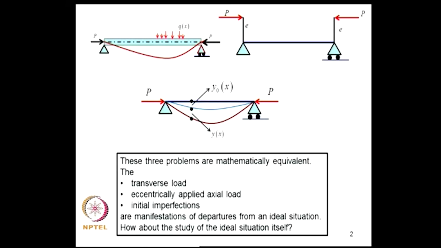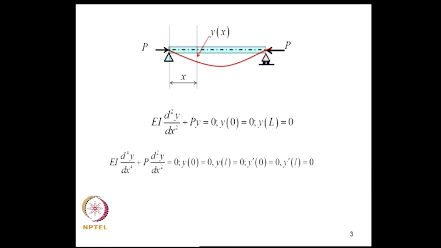Then we asked this question: all these 3 cases represented departures from an ideal situation. Why do such things happen? To answer that, we need to consider the study of the ideal situation itself. We showed that if we consider a perfectly straight beam which is loaded truly axially, we investigated the condition under which an equilibrium position in the neighborhood of y equal to 0 is possible.